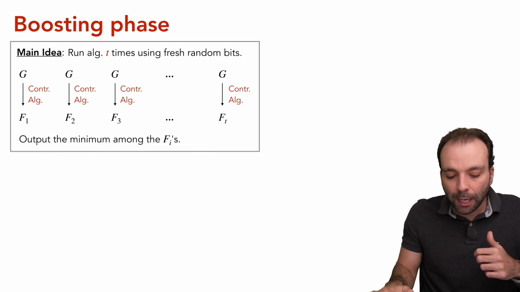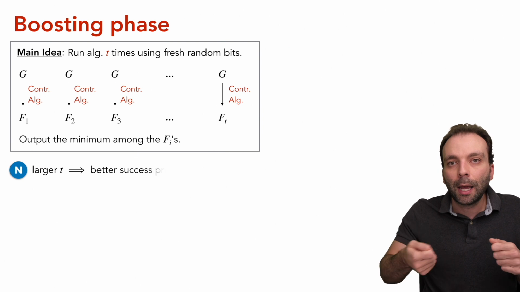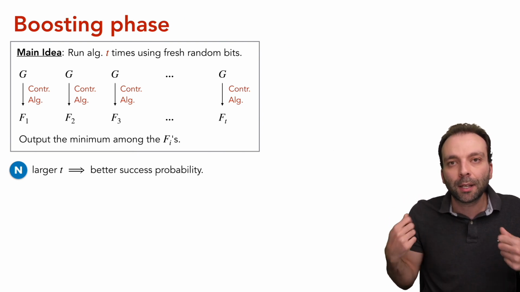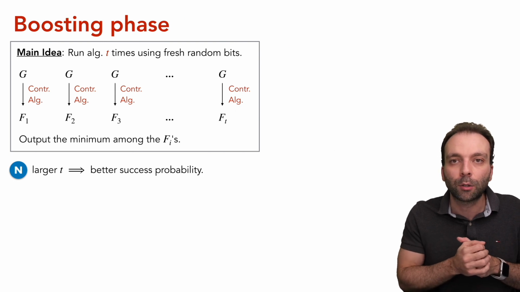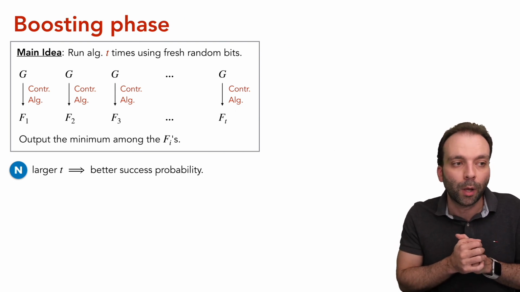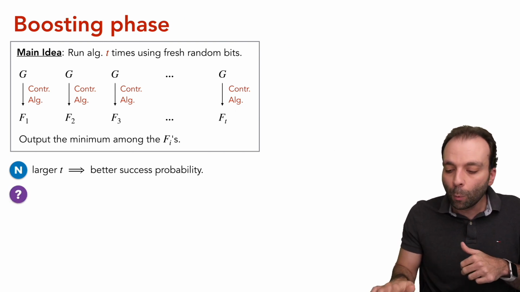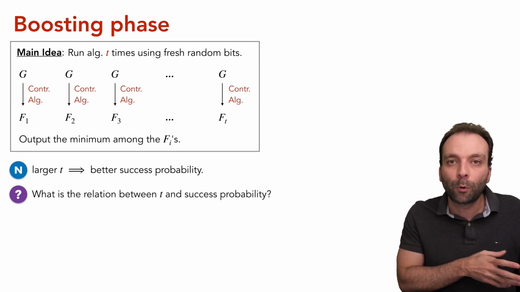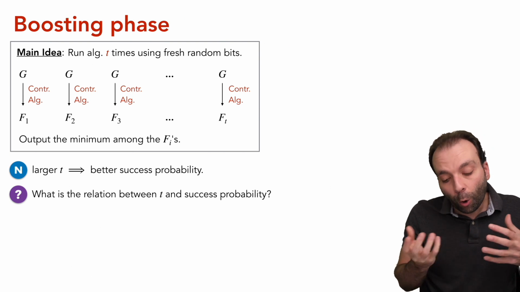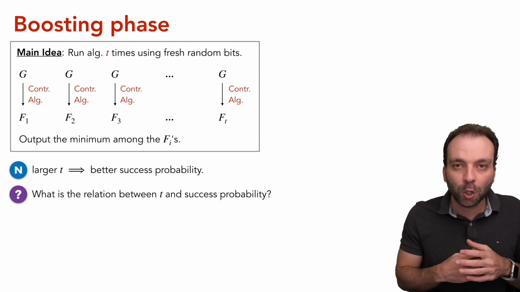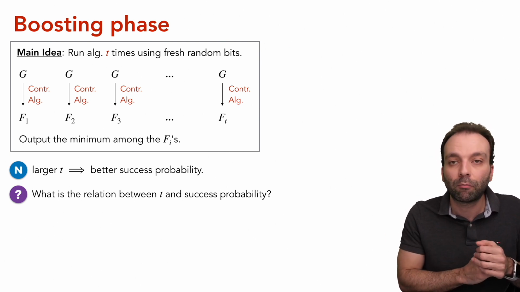And I hope you agree that, as I make t larger and larger, my success probability is going to get better and better, right? Because I have more tries to find the minimum cut. So the question really is, what is the relationship between the number of repetitions that I make and the success probability? Or equivalently, what's the relationship between t and the error probability?